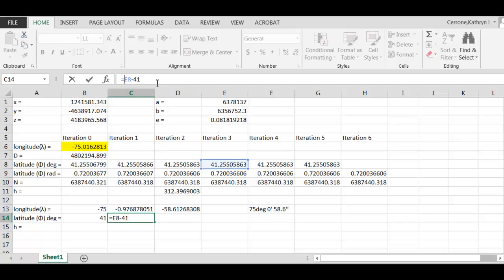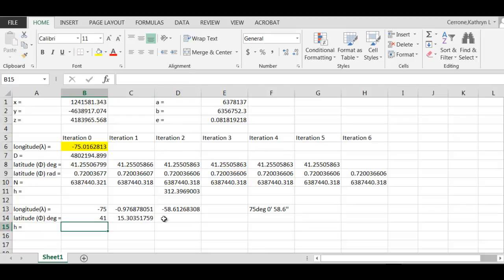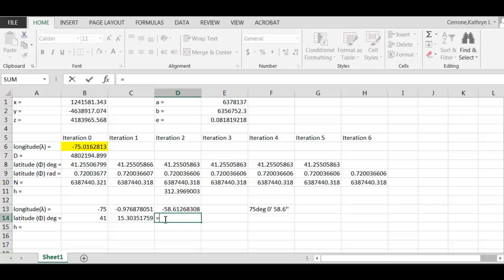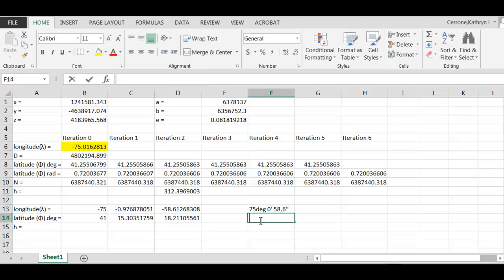Again, we're going to put that in parentheses, and then we would multiply it by 60 to get our minutes. So it would be 15, and then we would take this function, again put our parentheses here, subtract off our 15 minutes, and again multiply by 60, and we get about 18.21 seconds. So this ends up being 41 degrees, 15 minutes, and 18.2 seconds. So that is our latitude.